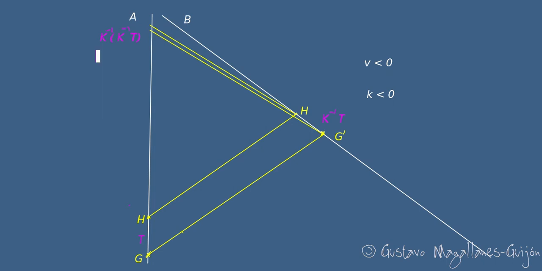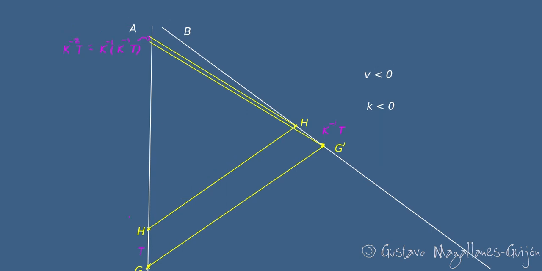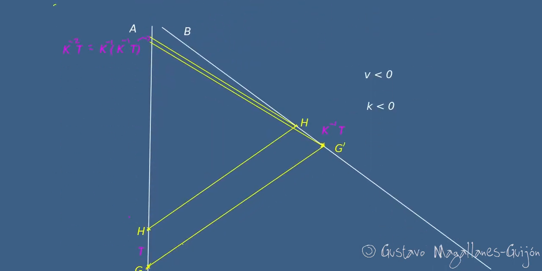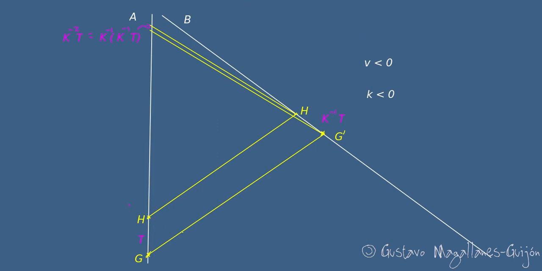Then the interval has the k factor, k to the -2. Okay, in this case it is red shift. In this case it is blue shift. We have blue shift.